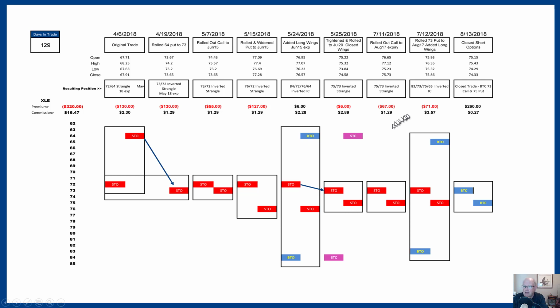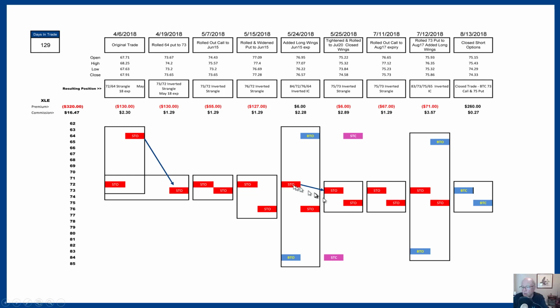Now, the very next day, I rolled, as you can see, I closed the 2 puts that I sold the previous day, and I actually tightened this spread. Typically I do not adjust the tested side, which in this case is the call side, but I had the opportunity to tighten this spread, which is always a goal of mine.